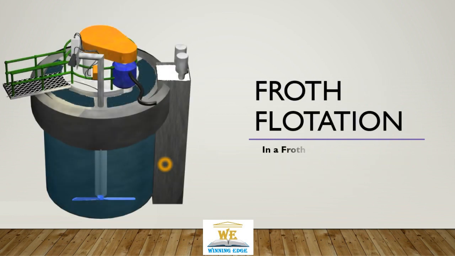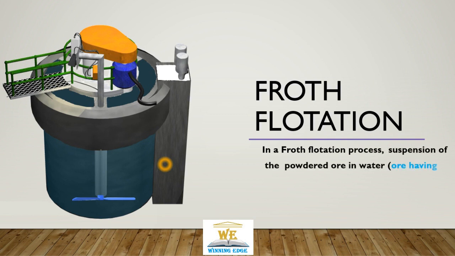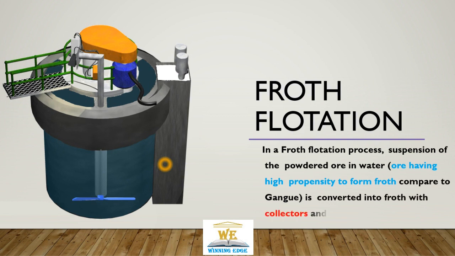Next is froth flotation. Suspension of powder ore in water makes froth, and using collectors and stabilizers, it is converted into the desired ore or element which is concentrated. First we stir it uniformly by mixing with a certain oil or froth making agent.